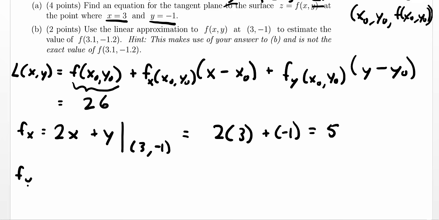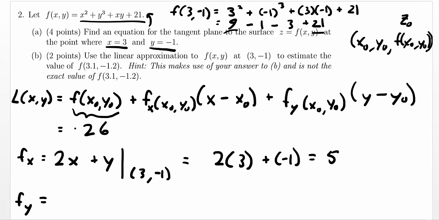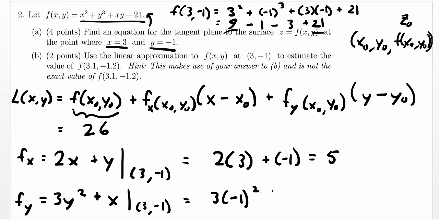Now let's do f sub y at that same point. So we're going to get 3y squared plus x. We're going to evaluate that at the same point, and we'll get 3 times -1 squared plus 3. So this is just 3 plus 3, which is 6.